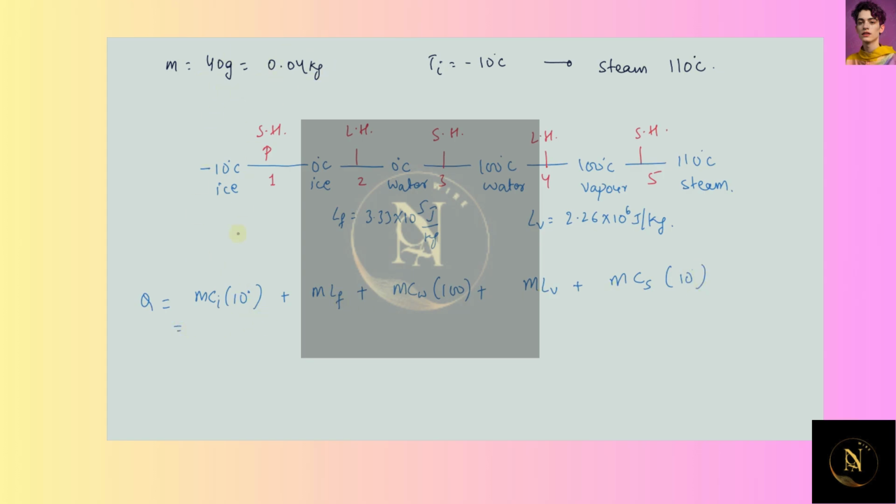Mass we know is 0.04 kg times the specific heat of ice, we know it's 2090 joule per kg degree Celsius, times the change in temperature we already know, that is 10, plus mass is 0.04 kg times the latent heat of fusion, 3.33 times 10 to the power 5 joule per kg.